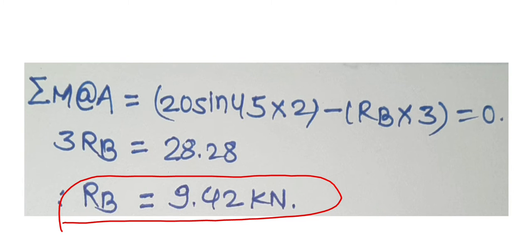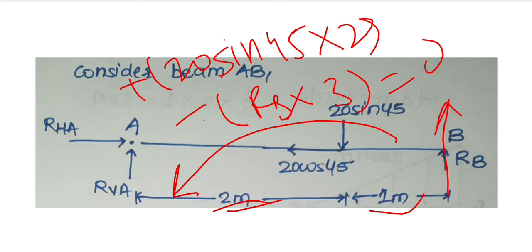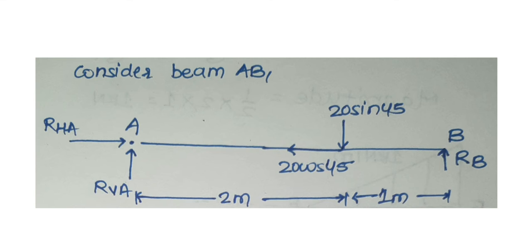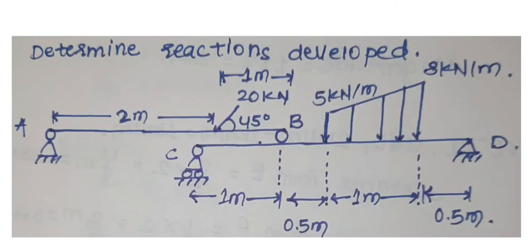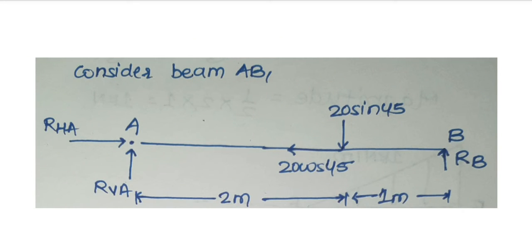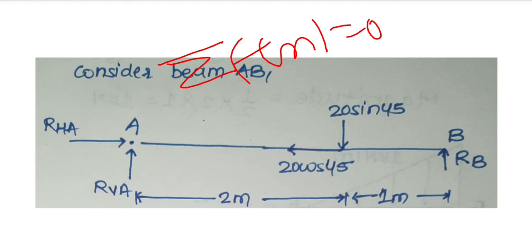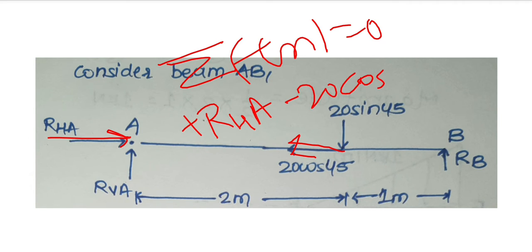Now, moving to the further equations, we have the equation of summation of Fx equal to 0. RHA is acting in the positive direction, so plus RHA, and this is in the minus x direction, so minus 20 cos 45, equal to 0.